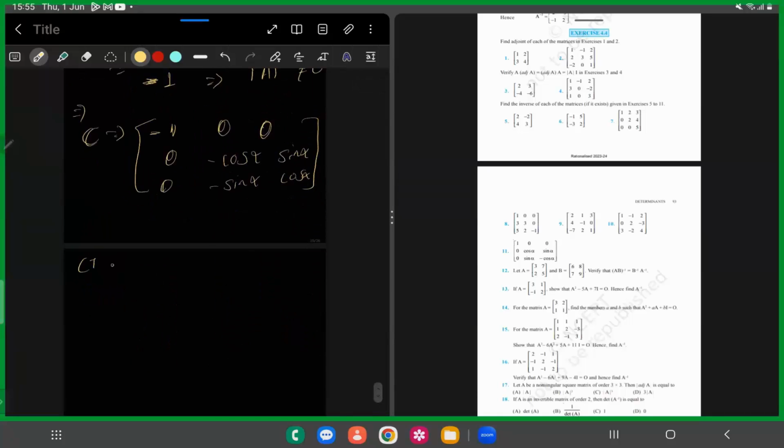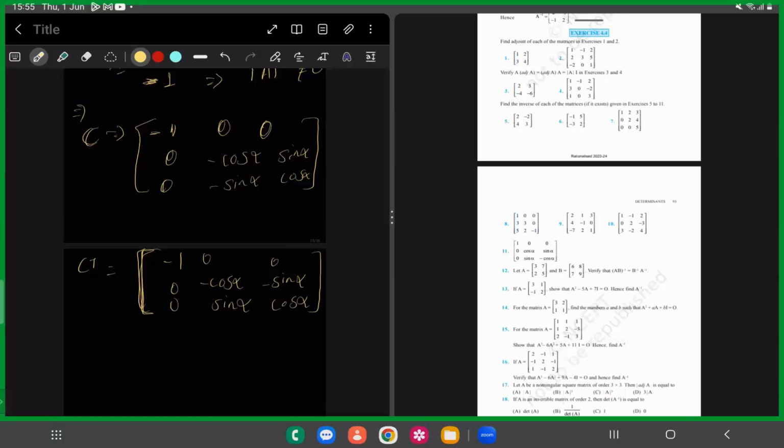If we take the transpose of this matrix, this would be minus 1 0 0, 0 minus cos alpha sin alpha, 0 minus sin alpha, and so on. This is our final adjoint matrix.